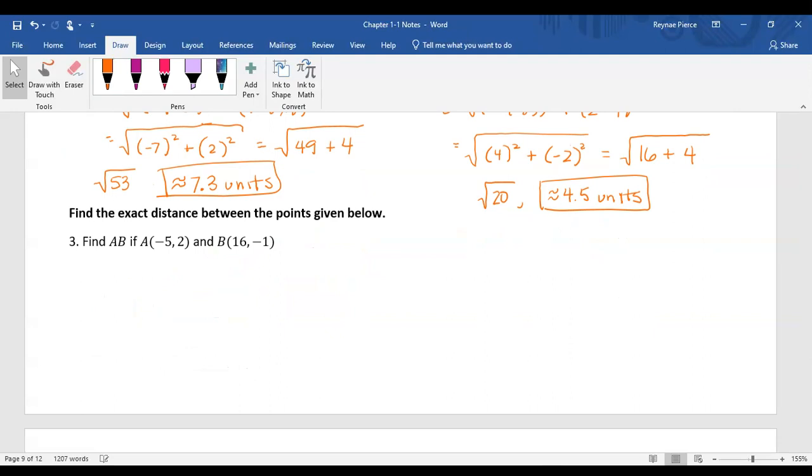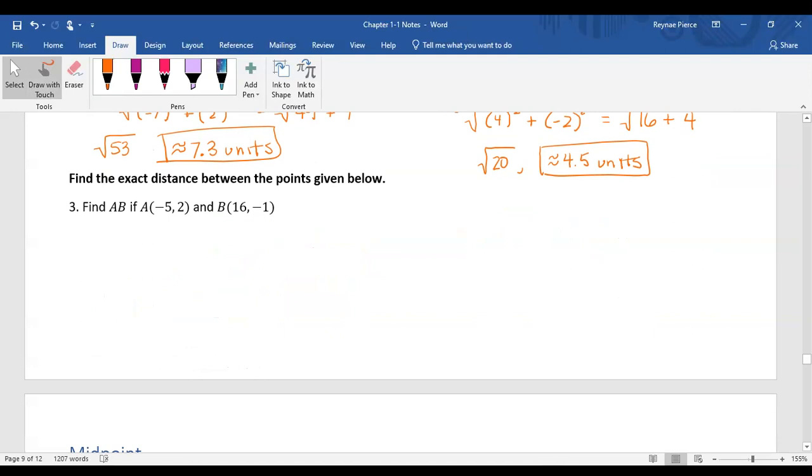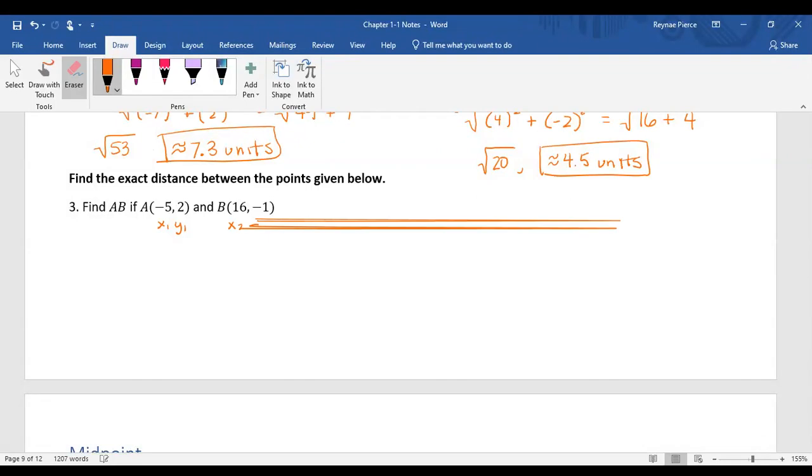All right, this third example, we will just leave it as the exact answer. Again, it does not matter which point you start with when you find the difference, but let's keep it the same.